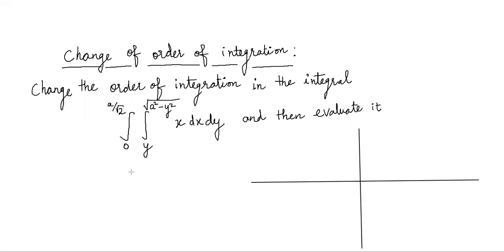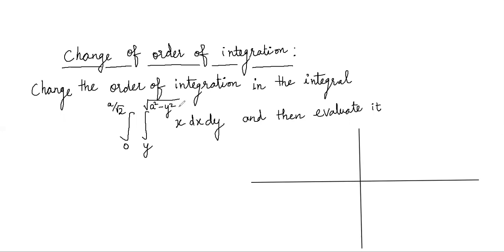If you see this given double integral, on the inner integral we have the limits y and square root a square minus y square. The limits on the inner integral are not constant. The limits are in terms of y. It means these limits are of variable x.